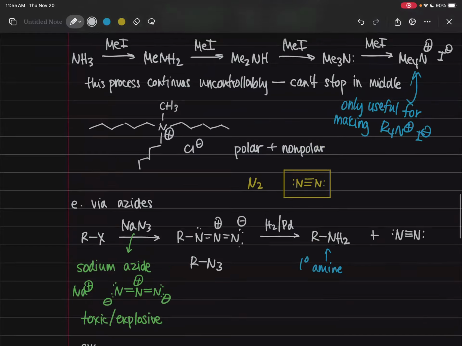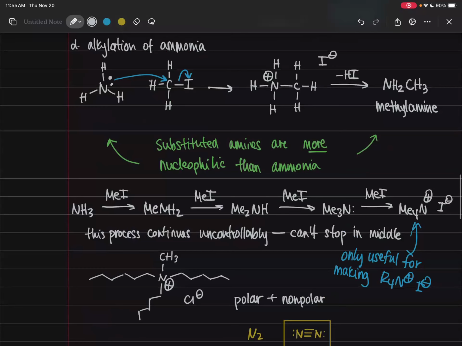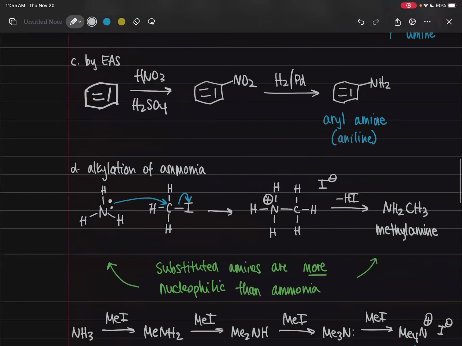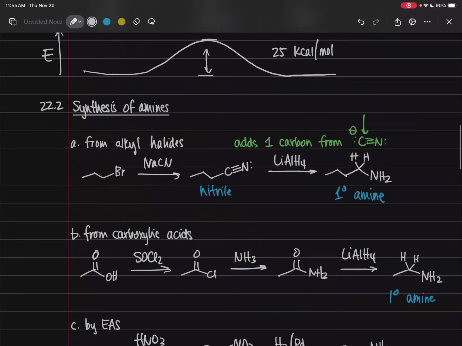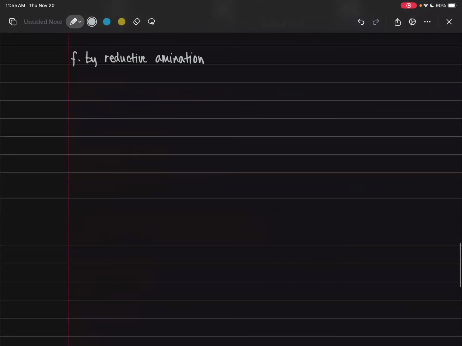All of these methods we've talked about are pretty much for making primary amines. And then once you have your primary amine, if you try to alkylate it, it just does that uncontrollable process thing. So how do we get around that?